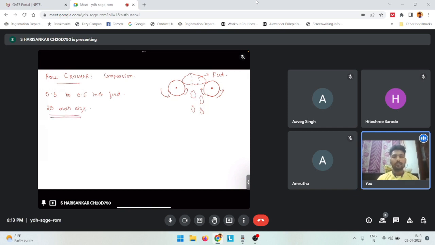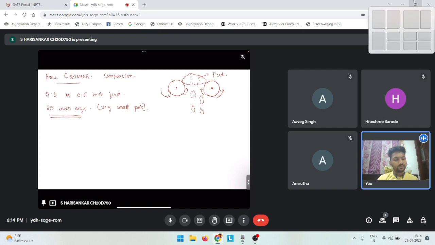We'll learn what a mesh size means, what the mesh number means, and so on in the next few slides. But this means the size of your product is very small. So that is the roll crusher.